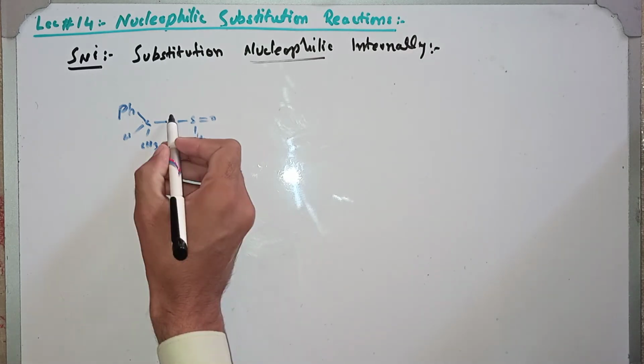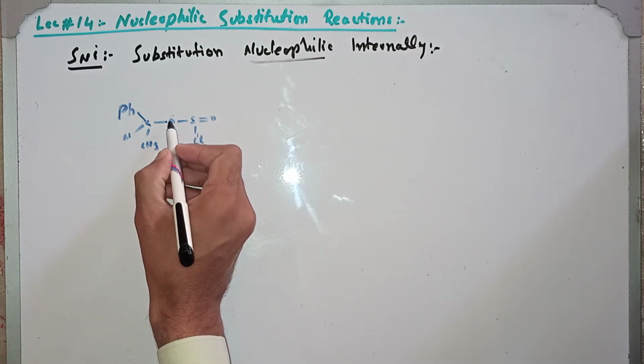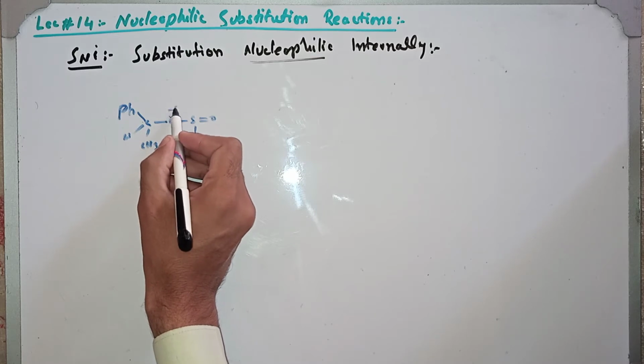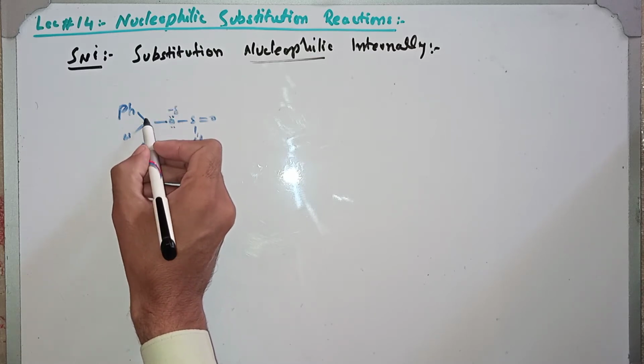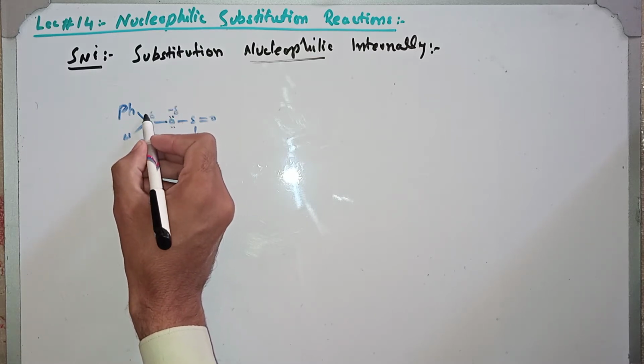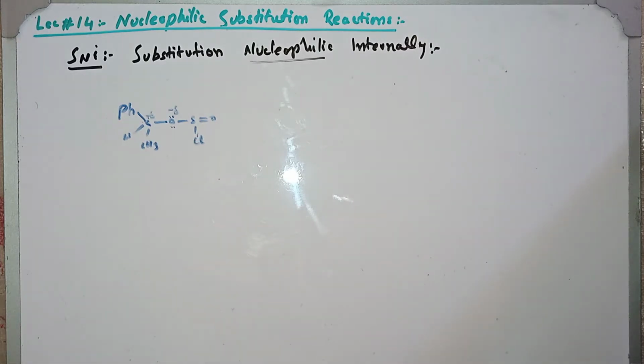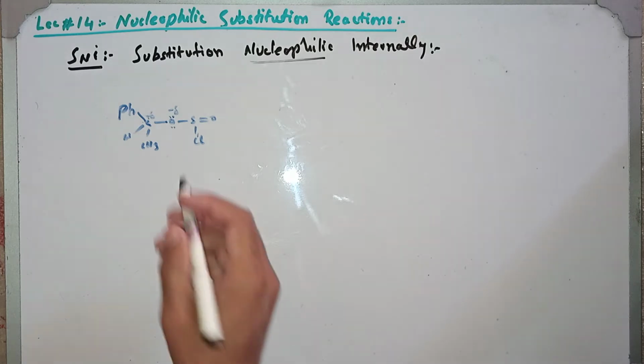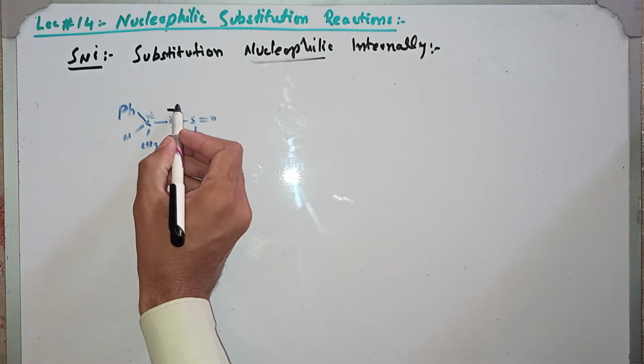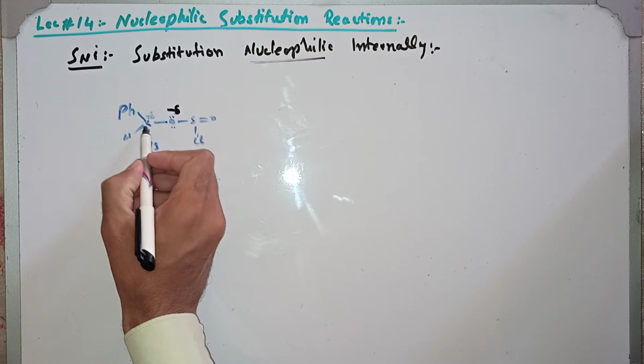Here in this case this oxygen is electronegative, so it withdraws electrons from this carbon. That's why this carbon gets a partial positive charge. The marker is not properly working, so let's change the marker. This oxygen is electronegative and withdraws electrons from this bond.